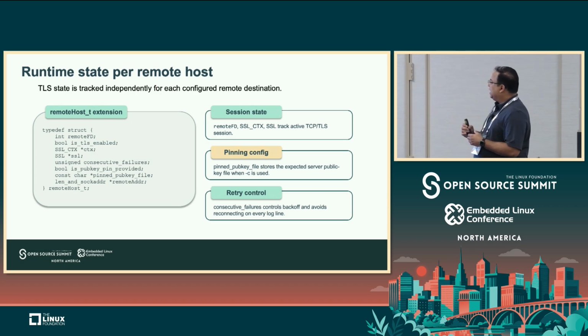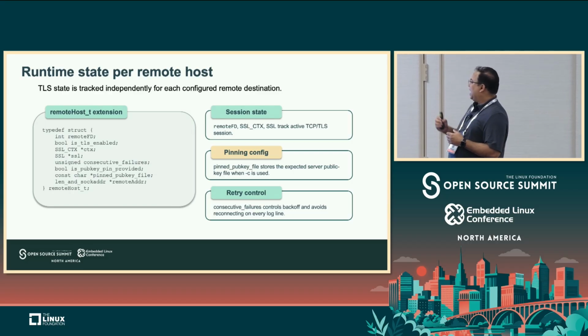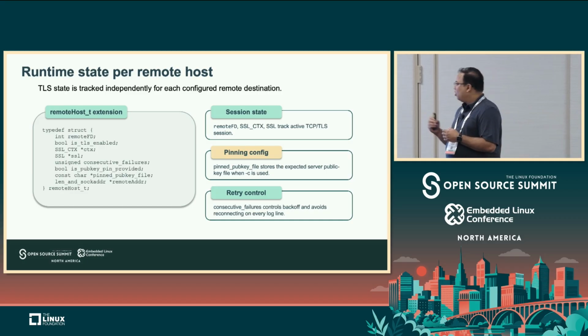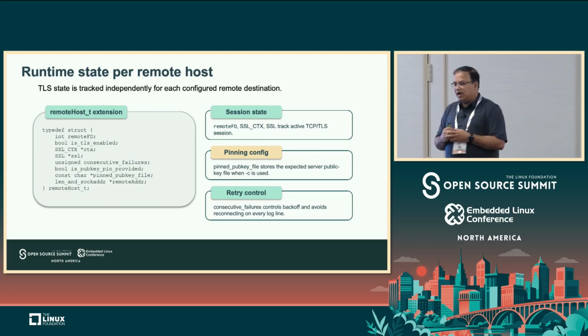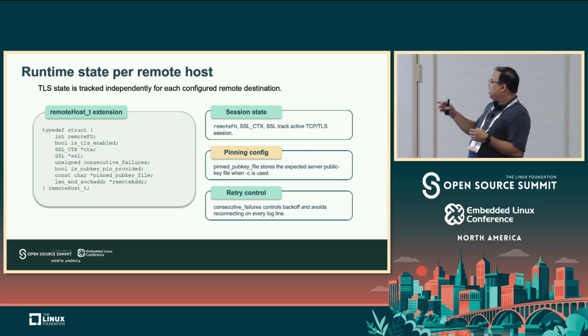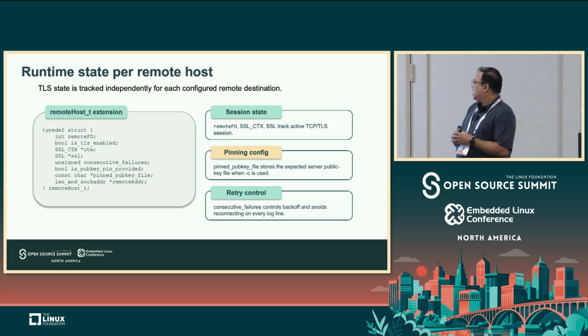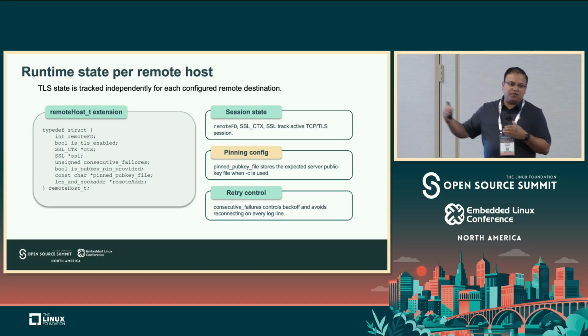So the session state is maintained using remote FD, SSL context, and the TCP TLS session. The pinning config is maintained using the public key pinned file descriptor, and the retry mechanism is maintained using the consecutive failures, and it controls unnecessary retries if the server is not reachable.